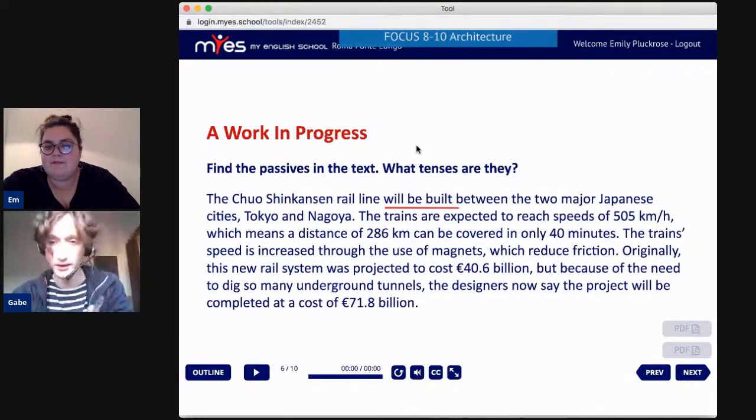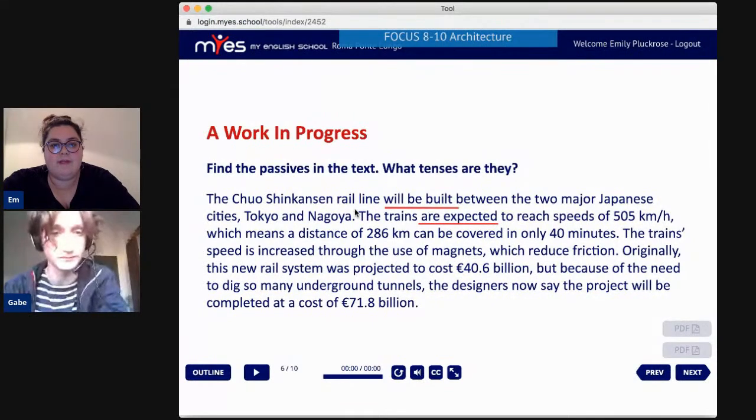So Roberta's put future passive. Yeah. It's future simple. Are expected, Luigi. Yes, good. Absolutely. Present simple passive. Yeah, good.